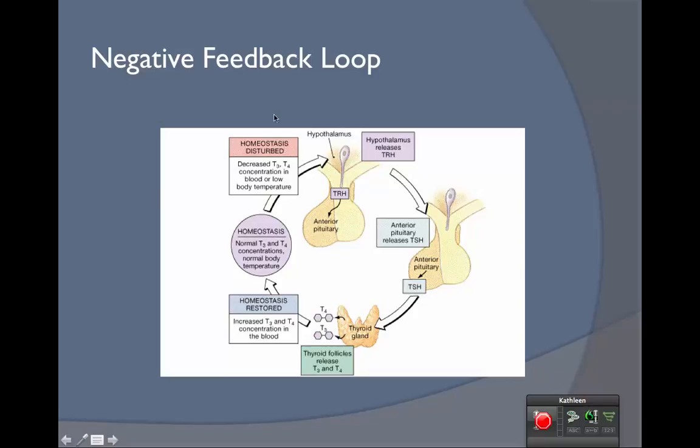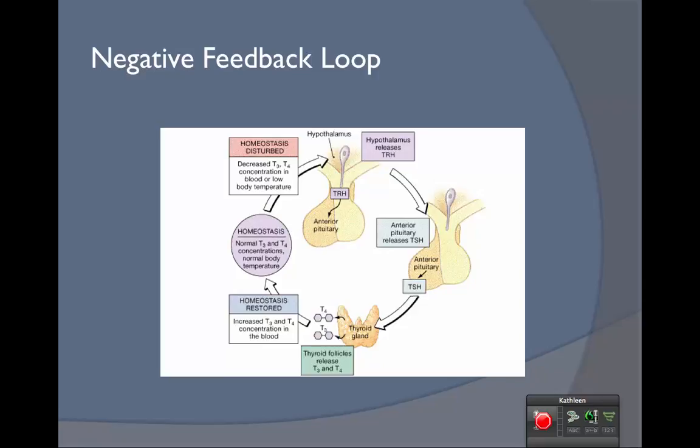So in normal homeostasis, what happens is you get decreased thyroid hormones, T3 and T4. This stimulates the hypothalamus to secrete TRH, which is thyrotropin releasing hormone. And this stimulates the anterior pituitary to secrete TSH, which is thyroid stimulating hormone.